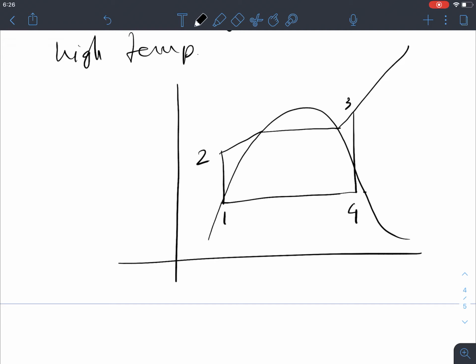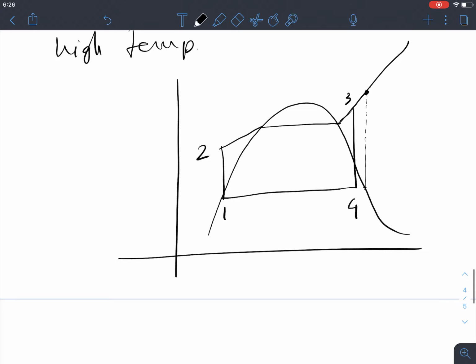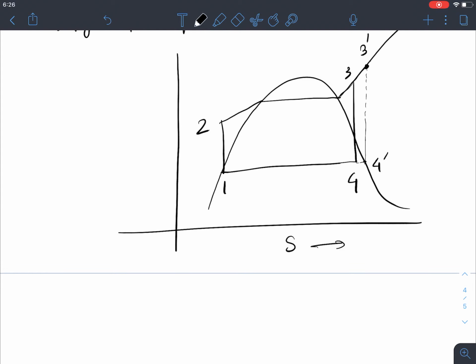However, if we can increase the temperature of the turbine, the boiler output, which is superheated vapor, right? Then you can see that this is 3 prime and this is 4 prime, right?